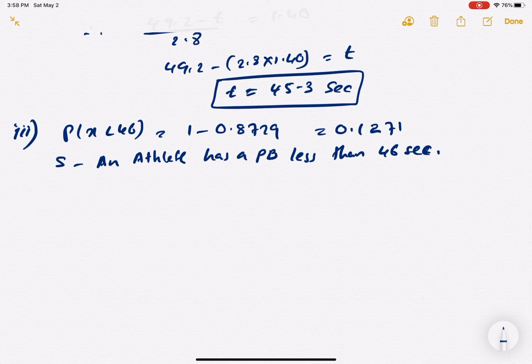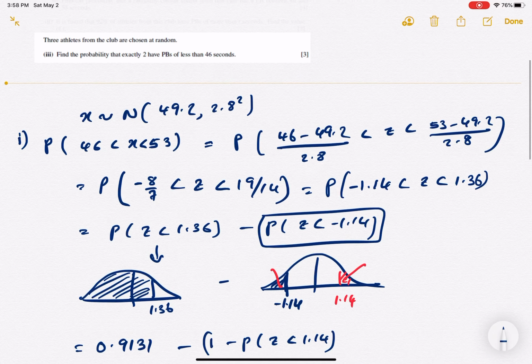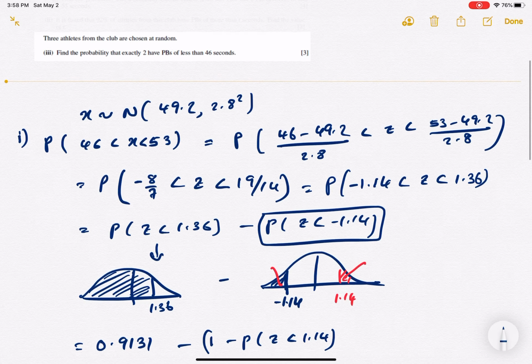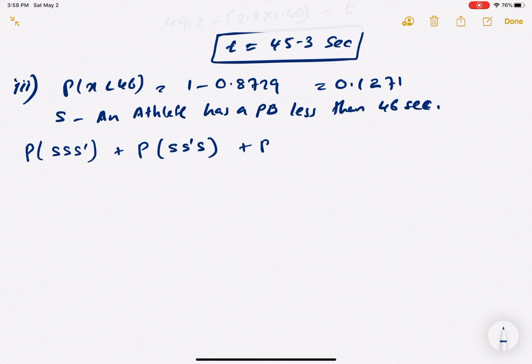We want exactly 2 of the 3 athletes to have less than 46. What this means is the first 2 athletes have less than 46 and the third person doesn't, and this combination can occur in 3 ways. So it could be s s s dash, or s s dash s, or s dash s s.